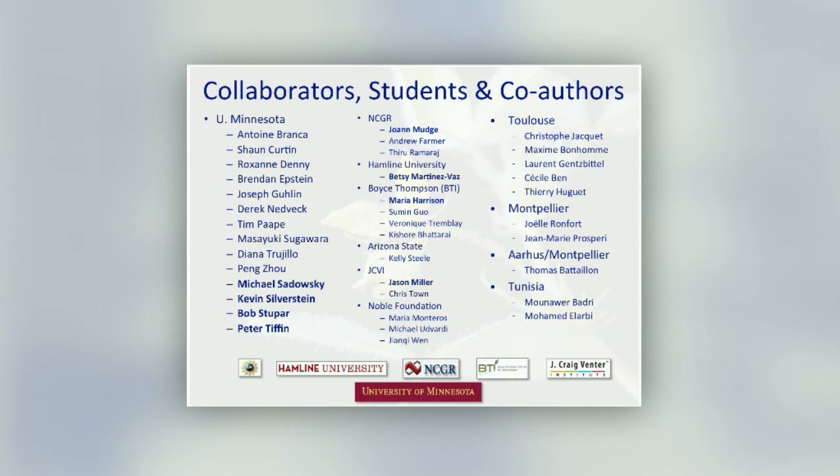Joanne, I mentioned, at NCGR. Betsy Martinez-Vaz, who's at Hamline. She's worked closely with Mike Sadowski's lab. She's also led an initiative we have in undergraduate education for underrepresented minorities. Maria Harrison, who's at Boyce Thompson at Cornell, and then Jason Miller, who's at JCVI, which used to be known as the J. Craig Venter Institute.